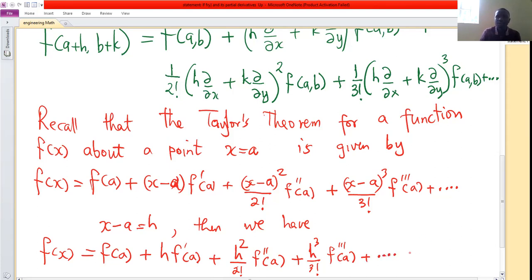So let's call this one 1. This is Taylor's series or Taylor's function of a single variable f of x.